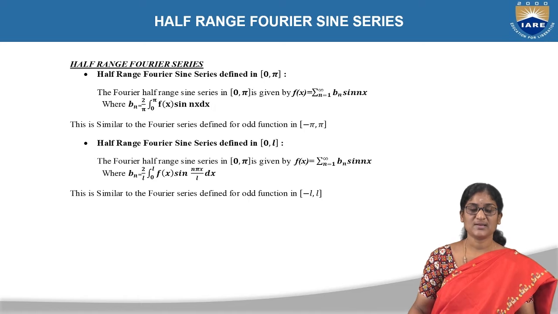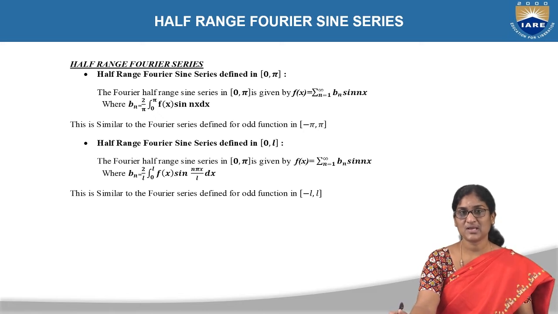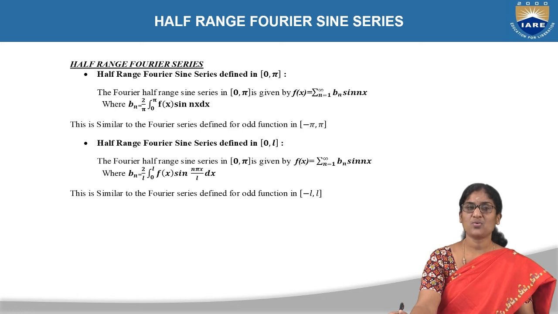Half-range Fourier series. The half-range Fourier sine series defined in the interval 0 to pi is given by f of x is equal to summation n from 1 to infinity bn sine nx. So among the three Fourier coefficients, an, a0 and bn, we need to find only the bn value.